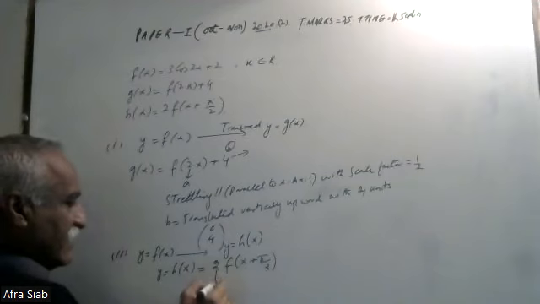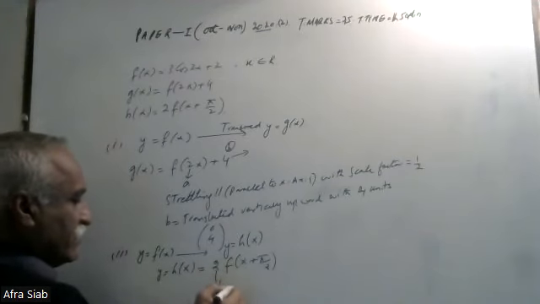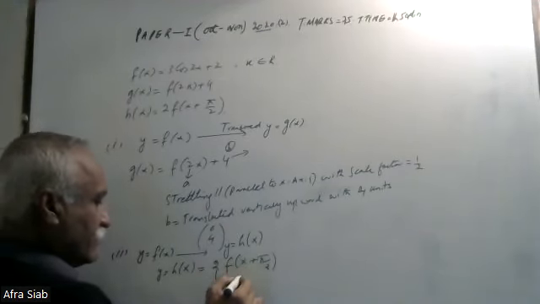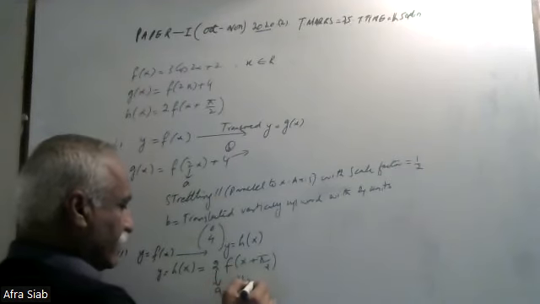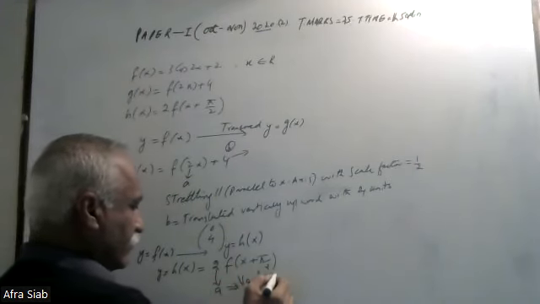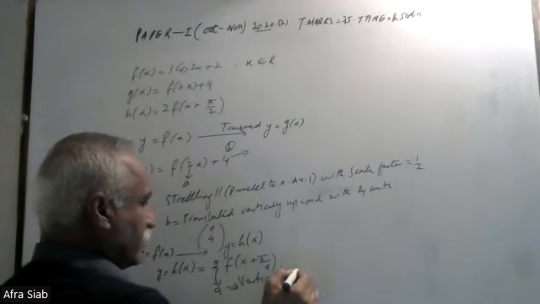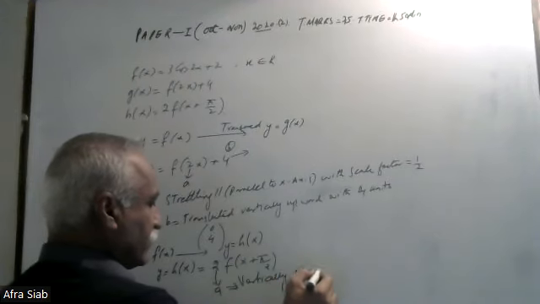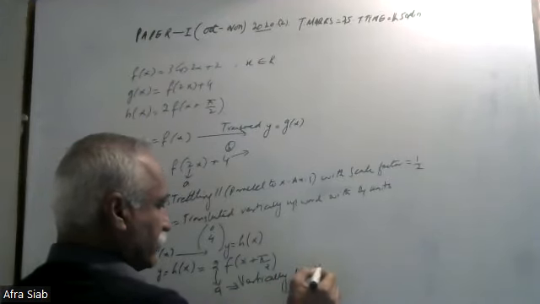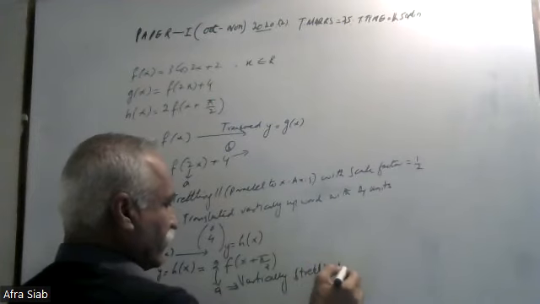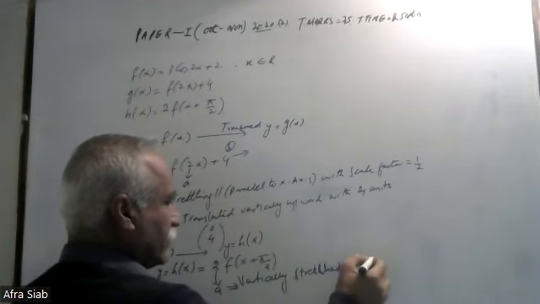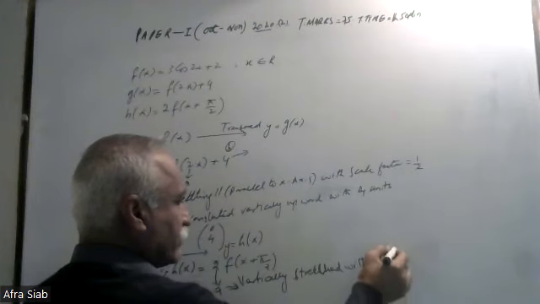So this a, which is 2 there, this means it is vertically stretched with 2 units.